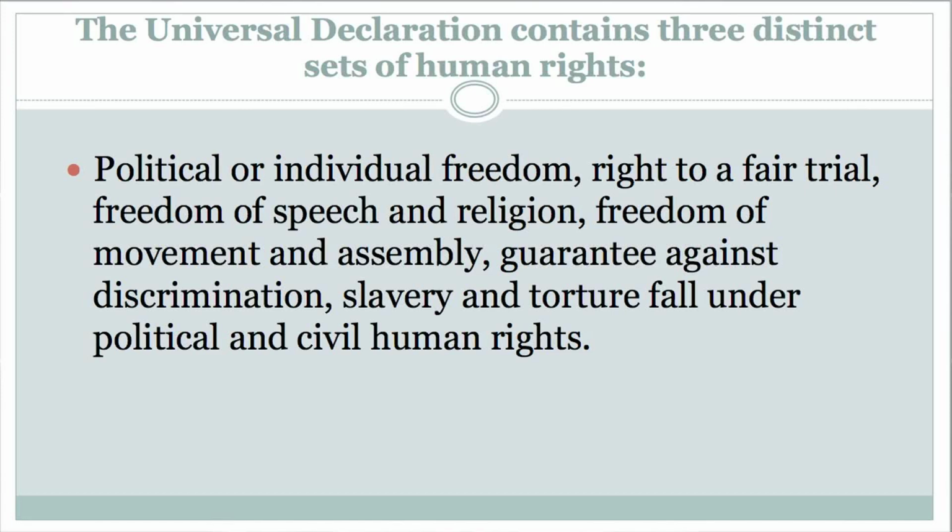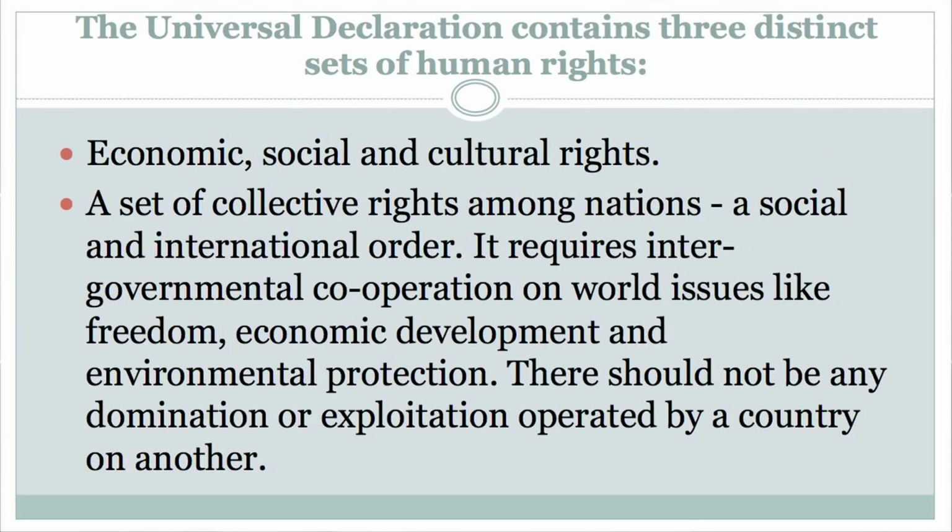The Universal Declaration contains 3 distinct sets of human rights. Political or individual freedom, right to a fair trial, freedom of speech and religion, freedom of movement and assembly, and guarantee against discrimination, slavery, and torture fall under the political and civil human rights. The next one consists of economic, social, and cultural rights.